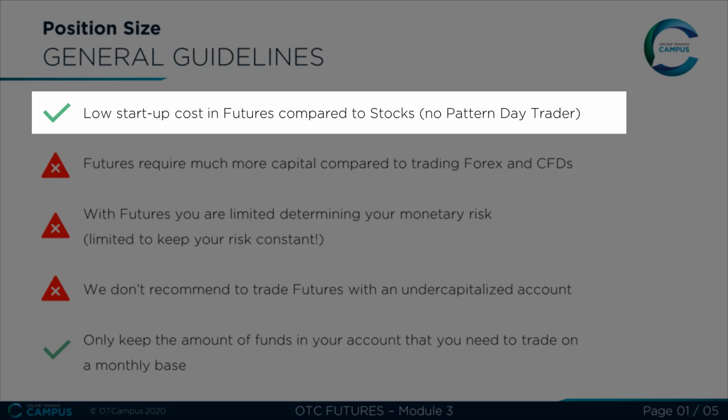A pattern day trader is a regulatory designation by the SEC, the Securities and Exchange Commission, for traders and investors that execute 4 or more trades during 5 business days' time in a stock margin account. If you fall under this pattern, you require at least $25,000 in your stock trading account.